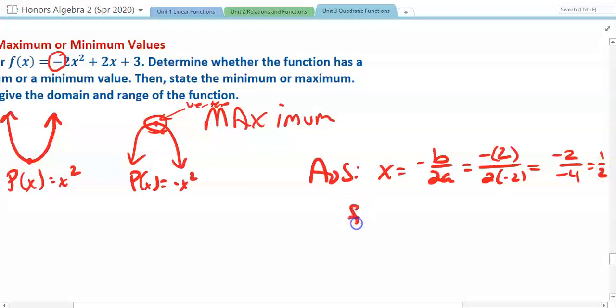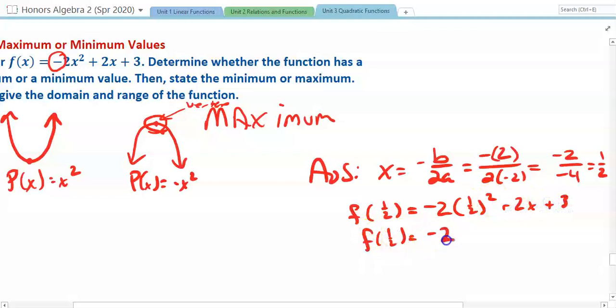And so I'm going to take that, f of 1/2 is equal to negative 2 times 1/2 squared plus 2x plus the 3. And so I'm going to get f of 1/2 is equal to negative 2 times 1/4, because that's squared, plus 2, don't forget we plugged the 1/2 in here as well, plus the 3.